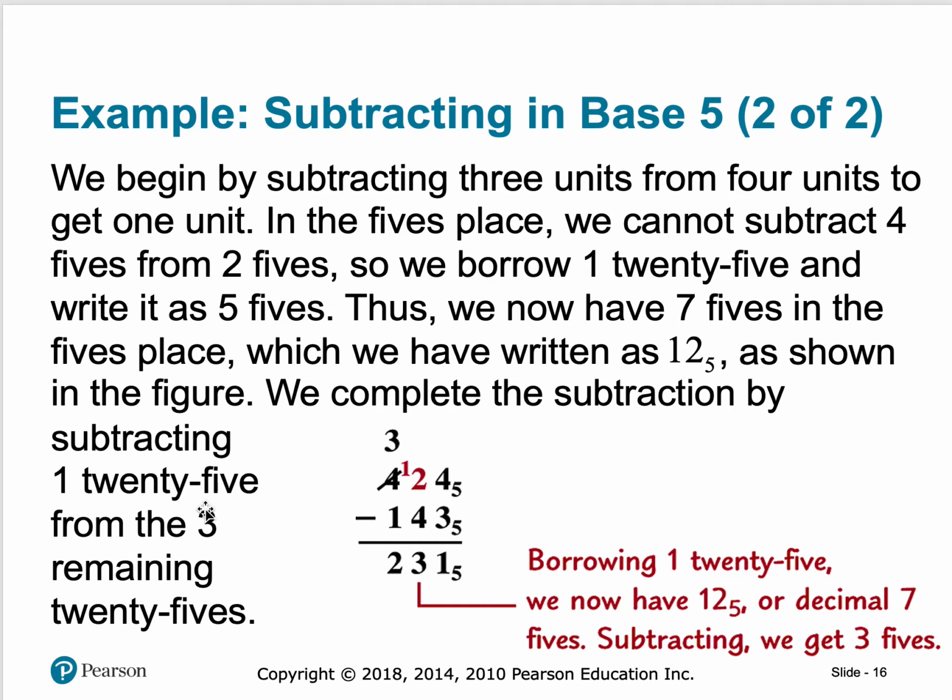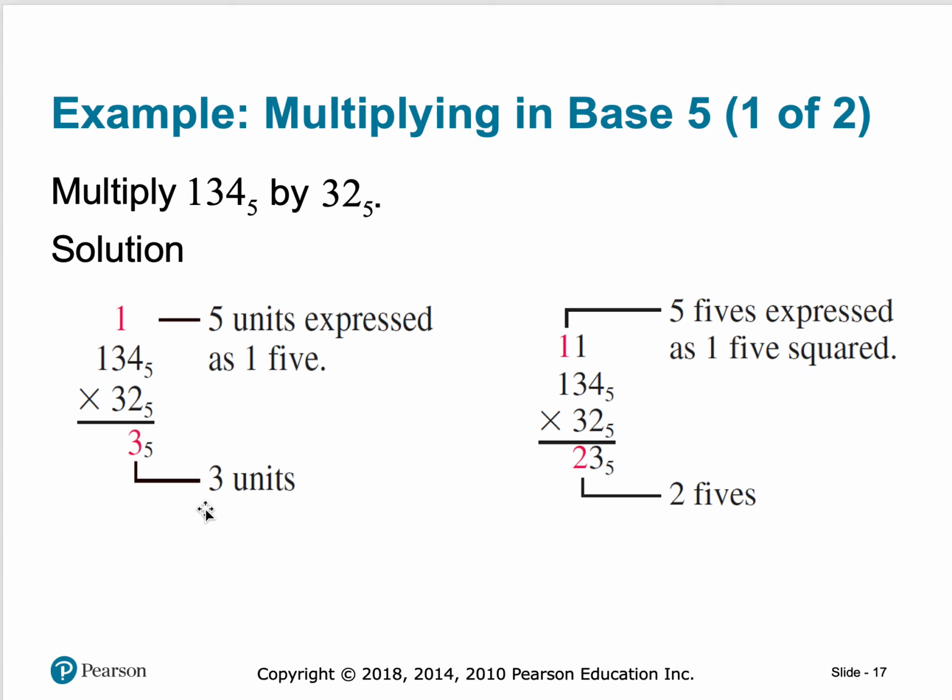And then that gives me 12 base 5 or decimal 7 fives. So when I subtract, I get 3 fives, which is what happens there. And then 3 minus 1 is 2. So the only problem you're going to run into in subtraction is when you have to basically borrow, because borrowing looks very different in this base.